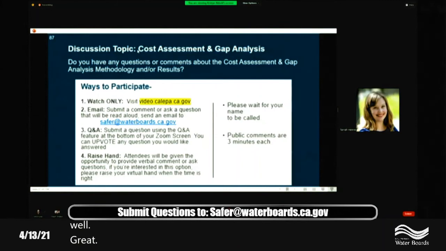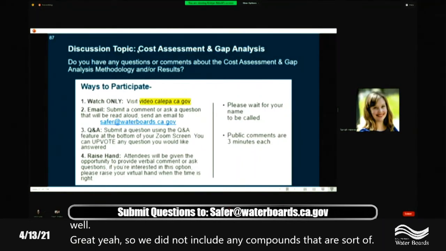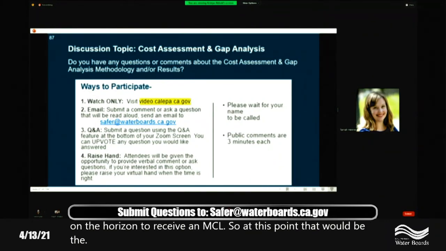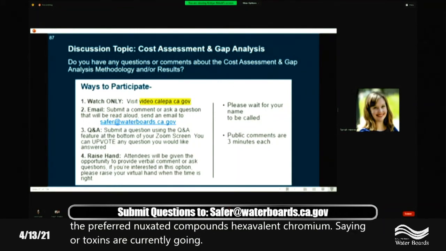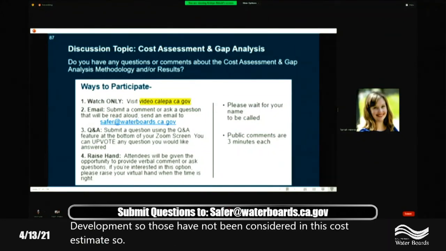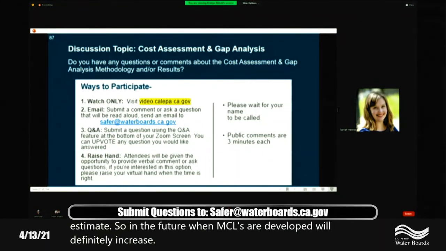Yeah, so we did not include any compounds that are on the horizon to receive an MCL. So at this point, that would be the perfluorinated compounds, hexavalent chromium, cyanotoxins are currently going through the notification response level development. So those have not been considered in this cost estimate. So in the future, when MCLs are developed, that will definitely increase the expected treatment cost.